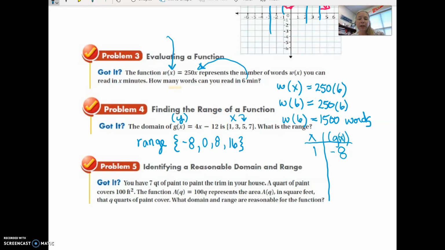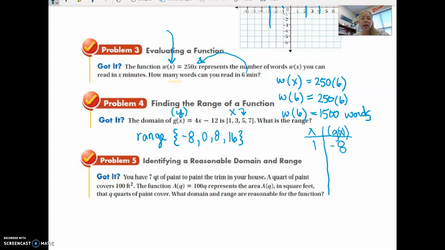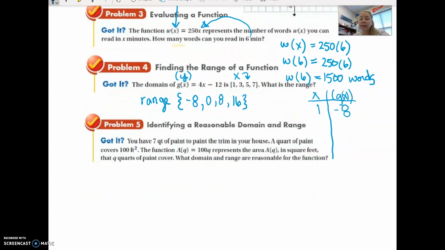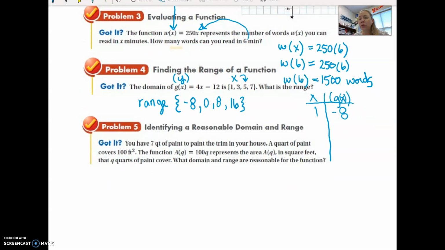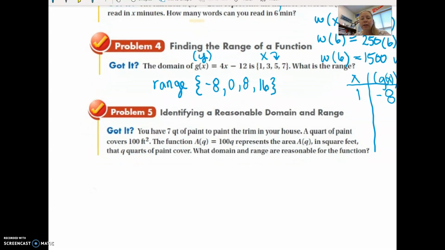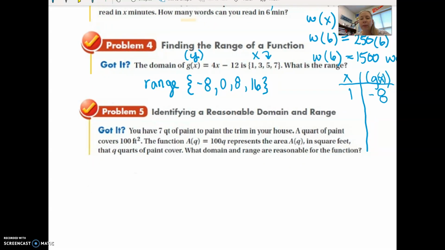The last problem here is identifying an appropriate or reasonable domain and range for a given situation. In this situation, we're talking about paint.